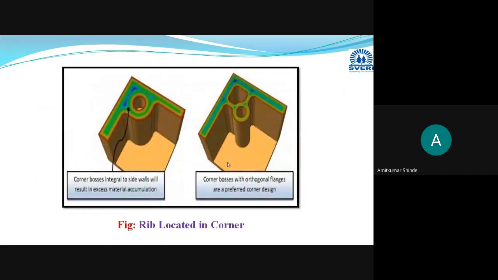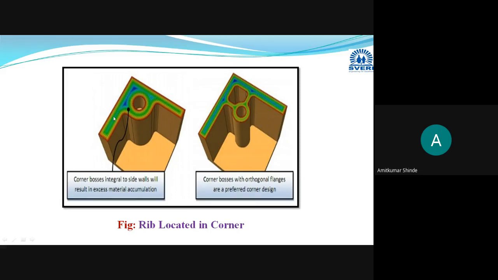This is the rib part, this is the rib, this is the boss. In this first diagram, you can see only a boss is provided at the corner. As the boss is at the corner, this side becomes more thick.